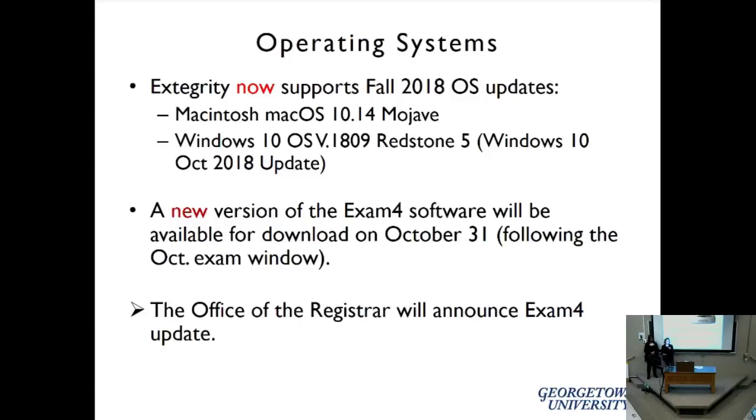So you can go ahead and make those updates to your computers. And a new version of the software will be released, most likely October 31st, as soon as this October exam window is closed. And you'll be able to download, install, and test that software. You will receive an announcement from the registrar's office when it's available for use.